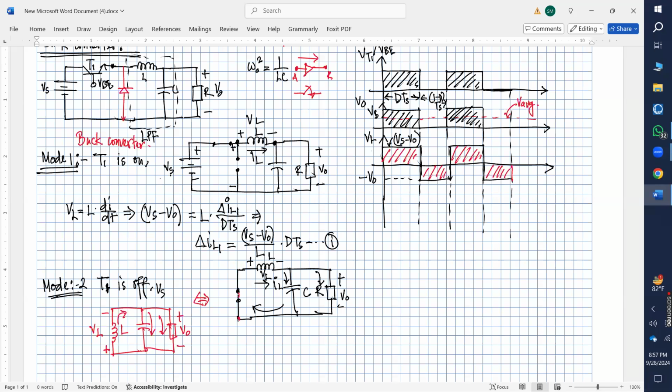Yes, sir. And what is the condition for the diode to operate? Your anode voltage should be greater than your cathode voltage, right?